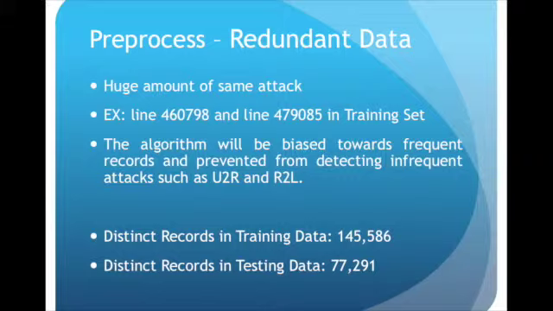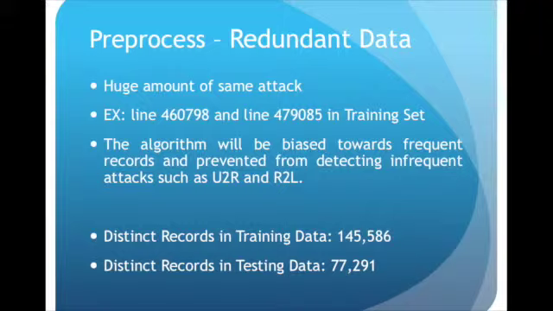Before training and testing, I do some pre-processing. First, I remove the redundant data, because there is a huge amount of the same attacks in the dataset. For example, the line 460 and 1,798 and the line 4790845 in the training set are exactly the same.